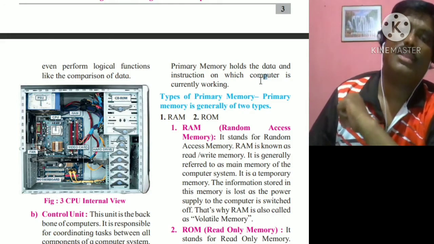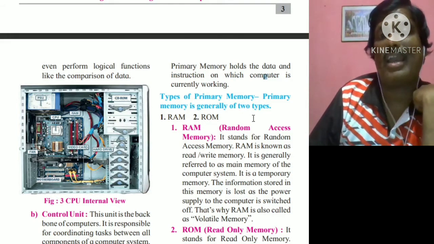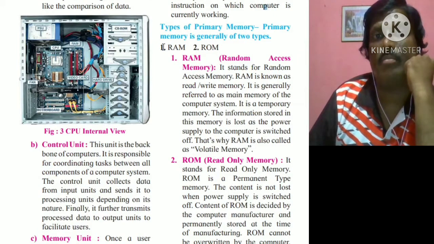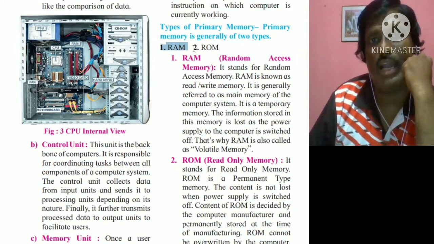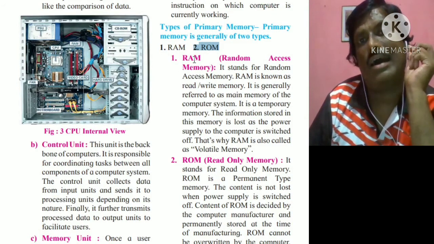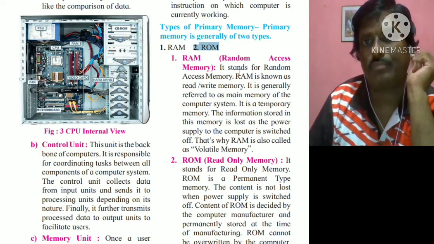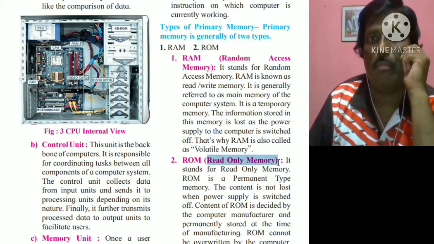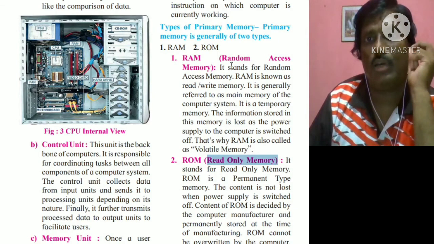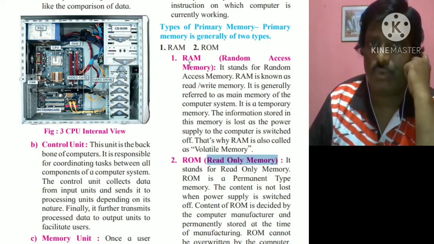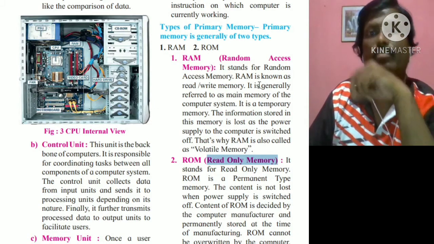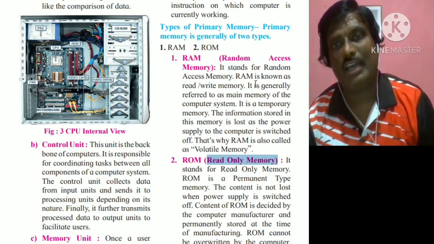Now this primary memory is again divided into two different types. First is RAM and second is ROM. Okay. First, random access memory, and second, read only memory. Now you will see the first one, random access memory.